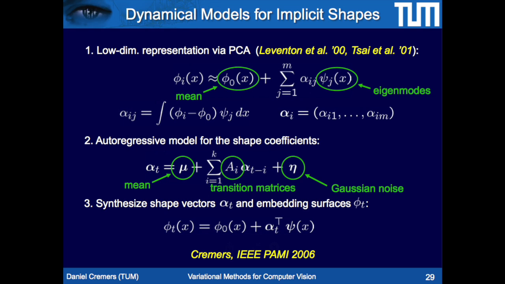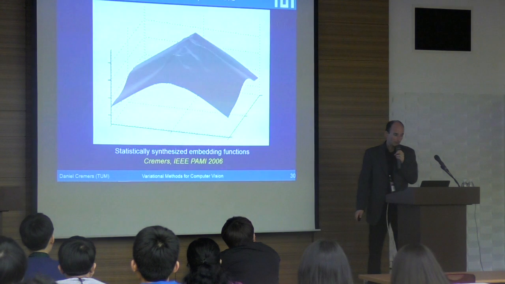You can first simulate sequences of shape vectors, just by sampling from this Markov model. It basically means if you have shape vectors until time t minus 1, you can simply create that linear combination, add Gaussian noise, and you get the vector at time t. And with the vector at time t, you can recover with the PCA representation your embedding function. So I said, great, I trained the model, I simulated embedding functions, and here's what they look like. And you'll see in the beginning, they're really crappy.